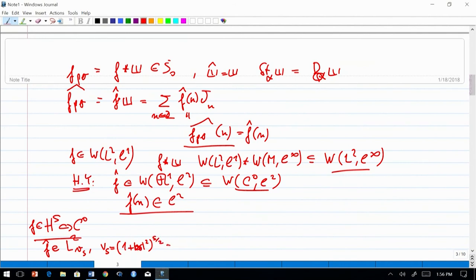Sometimes people call it the Japanese bracket of omega to the power s. Roughly speaking, it's the absolute value of omega to the power s. And if you took power 2, it would be a Laplace operator, so to say. Fourier transform of a 2 times differentiable operator. And you're still in L2, that's the message. And you do it in a smooth way.